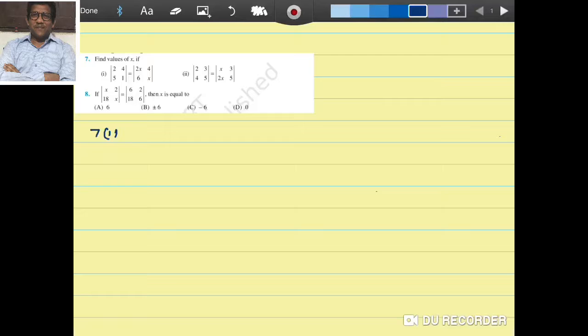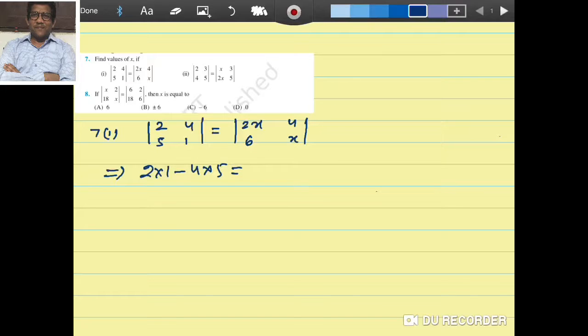Question number 7, first part. Find the value of x if the given determinants are equal to 2x 4 6 x. This implies that 2 into 1 minus 4 into 5 is equal to 2x square minus 6 into 4.